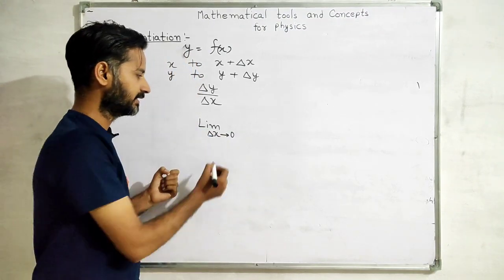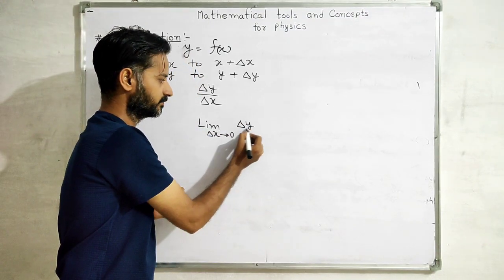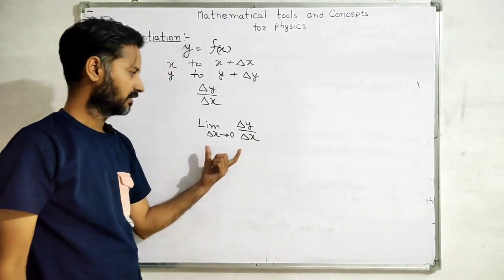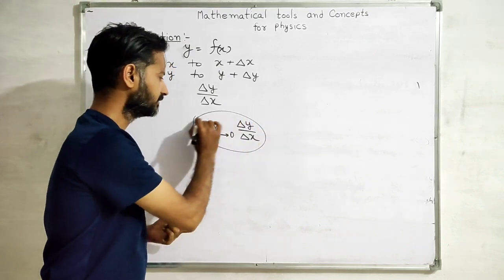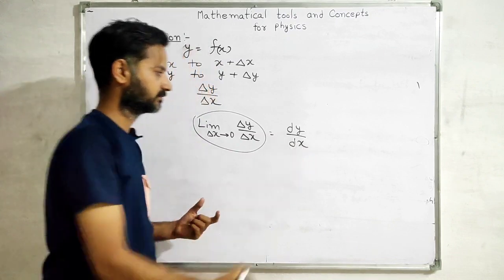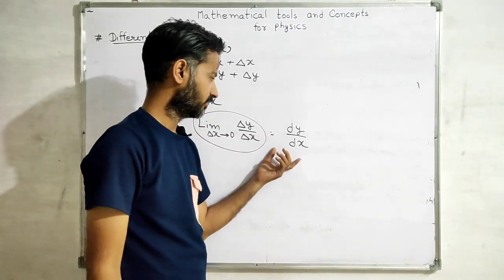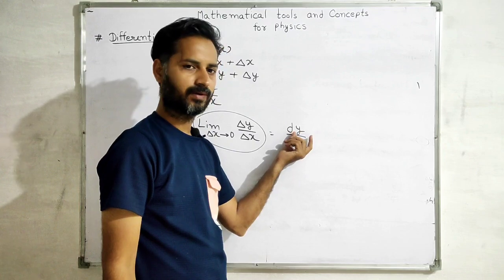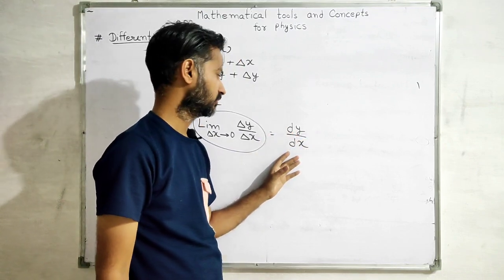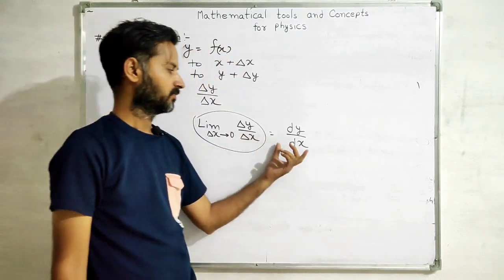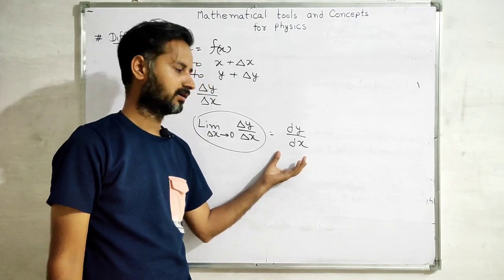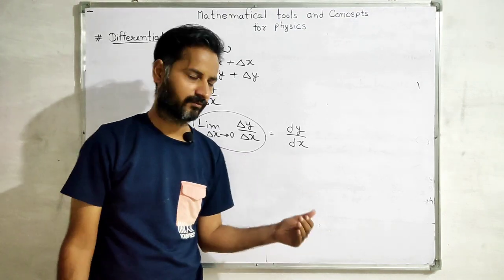Then in this case the rate of change of y with respect to x can be written as dy by dx. Here this is called the differential coefficient of y with respect to x, or the derivative of y with respect to x.